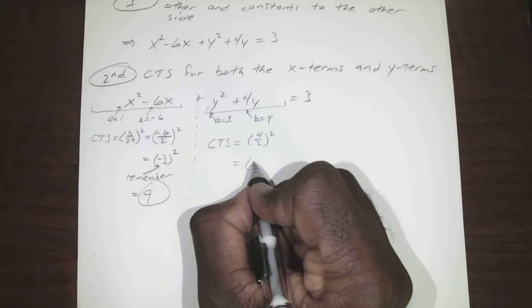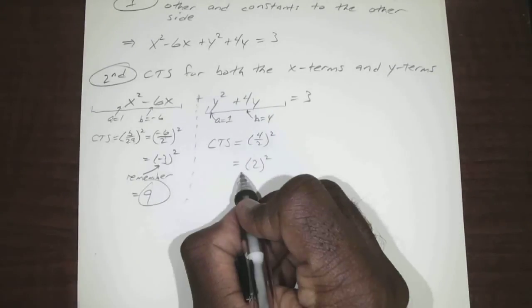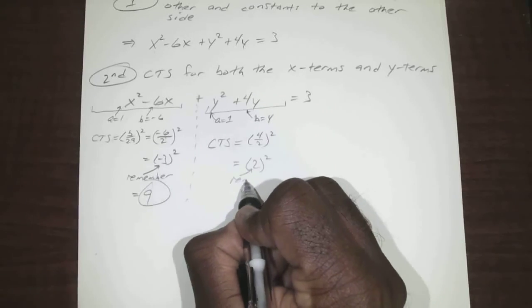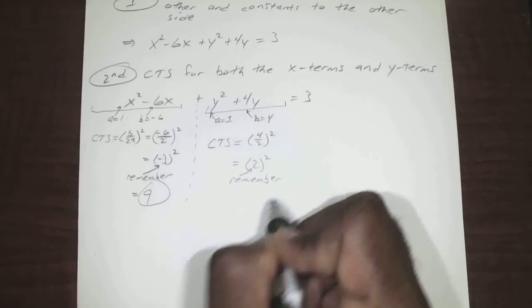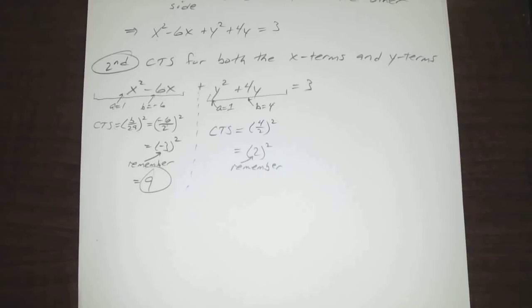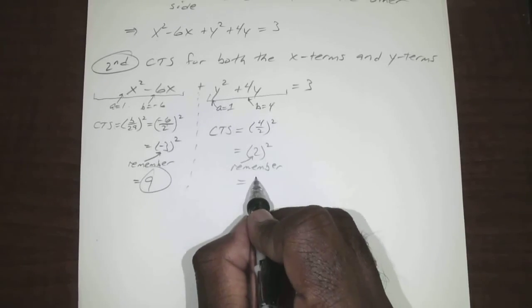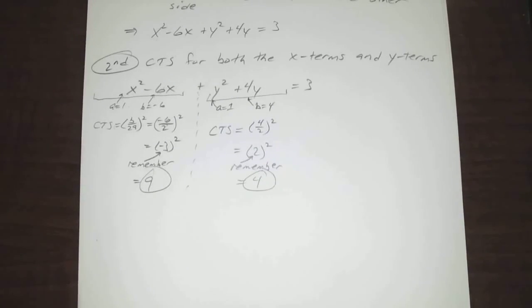Okay, so it ends up being 2 squared, and you want to remember the value before you apply the square. So it's just going to equal 4.